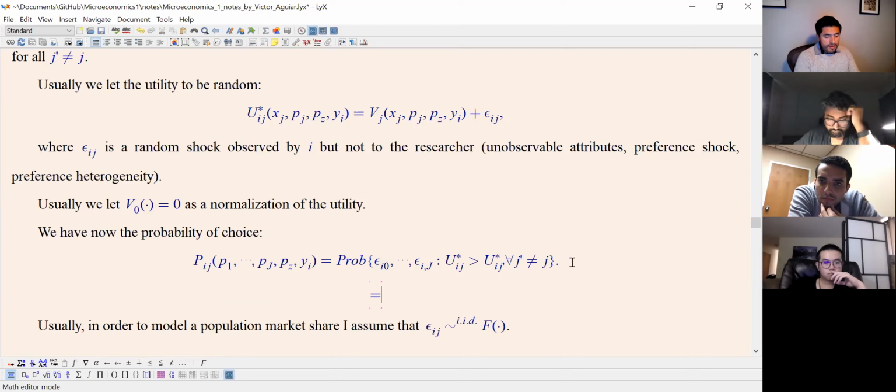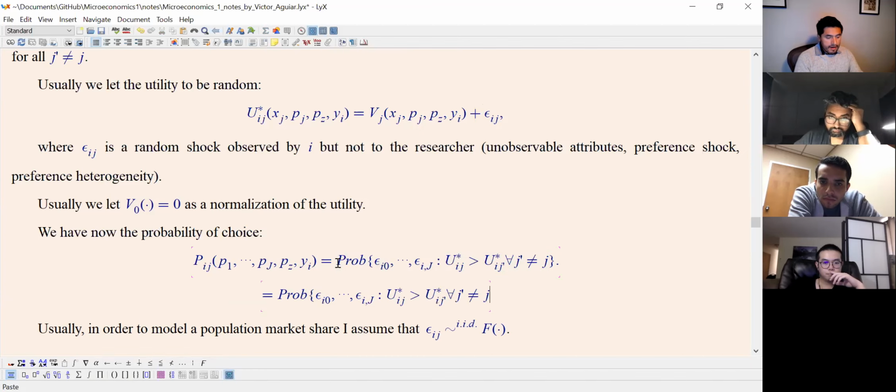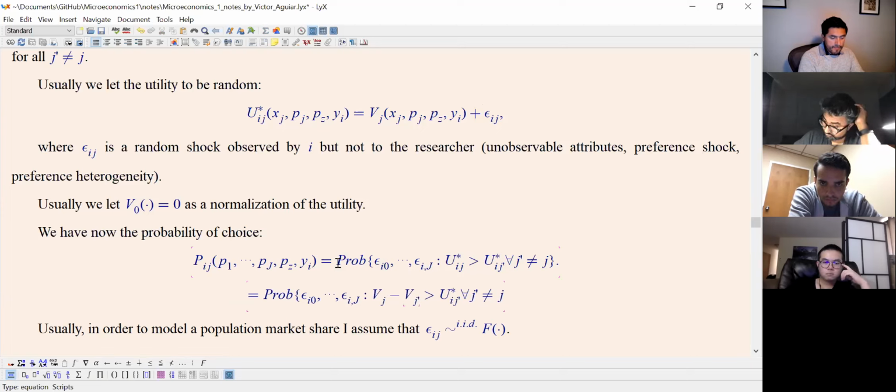So I can also rewrite it in the following way. Remember that basically I can rewrite this thing as the differences in the indirect utility, and here you have epsilon ij minus epsilon ij prime.